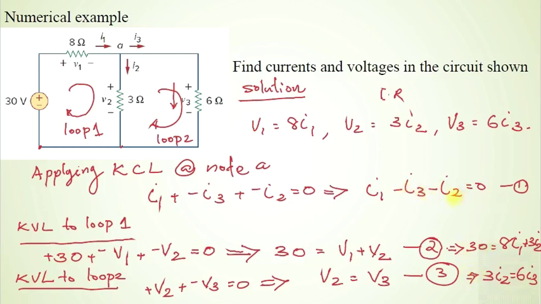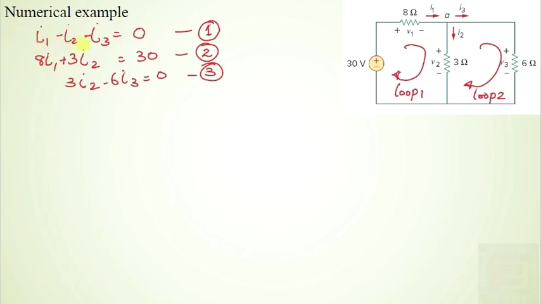Once you get I1, I2 and I3, you can calculate V1, V2 and V3, and that will give you the solution for this network. Equation 3 can be rewritten as 3I2 minus 6I3 equal to 0. The above three equations can be rearranged like this.